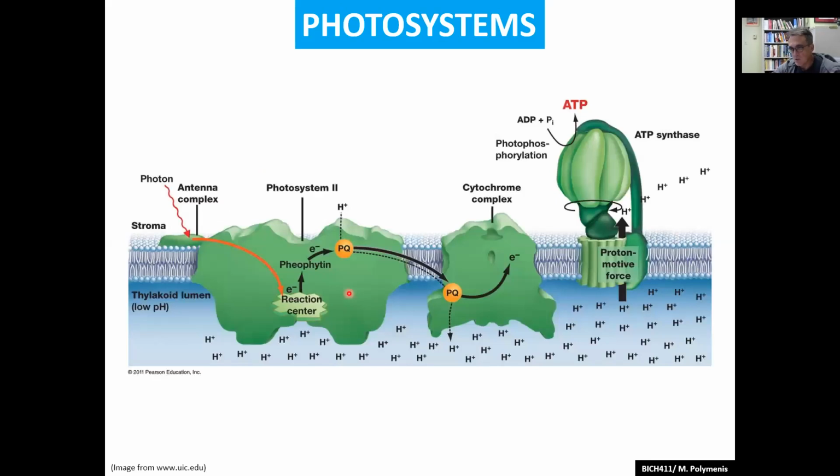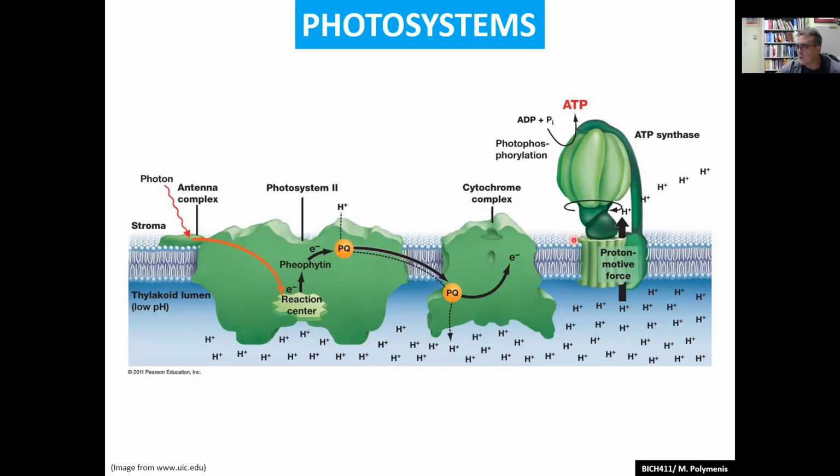So this is a more beautiful schematic. We have the reaction center, we have the antenna complex, the photon hits there, and then moves on, as we had seen with the antenna, it hits the reaction center. That's photosystem 2. The electrons will find their way onto Q, and from Q, we have the cytochrome complex, and they keep going.